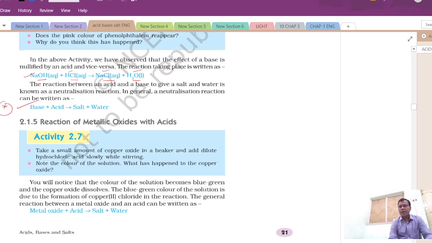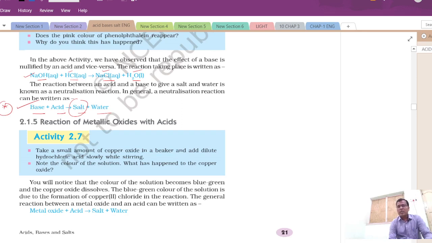Whenever a base reacts with an acid, salt and water are formed. This salt is entirely different from the base or acid. It doesn't have any property of either the base or the acid. It is an entirely different compound.